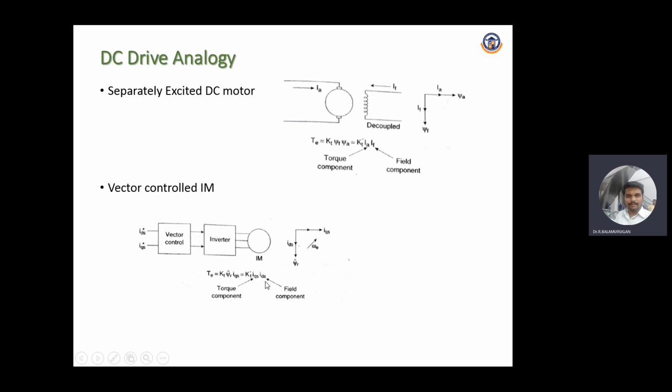We followed the same procedure as in the separately excited DC motor, modeling the separately excited DC motor analogy with the vector control induction motor drive. In vector control induction motor drive, we convert the components into direct axis and quadrature axis components. Then we control the inverter, thereby getting good dynamic response of motor control.